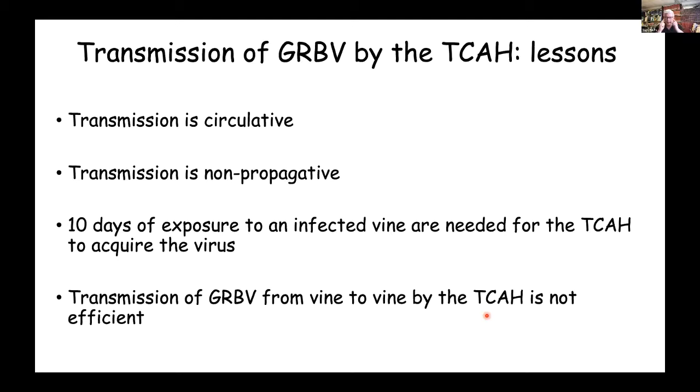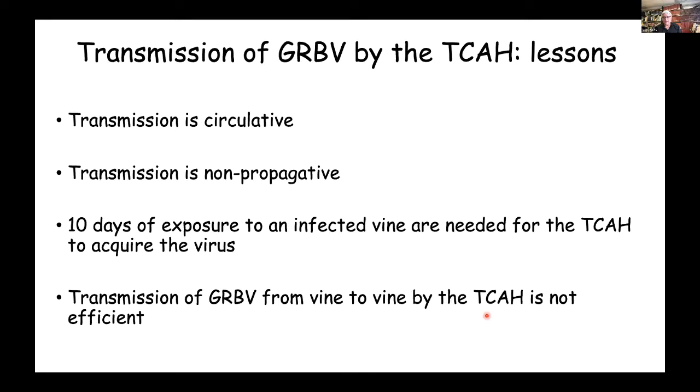Now, again, I have to put this in a broader context because 10 days of exposure is in a greenhouse setting where I cage the insects with an infected vine. Obviously, this has little bearing on a vineyard situation because the hoppers are not caged.